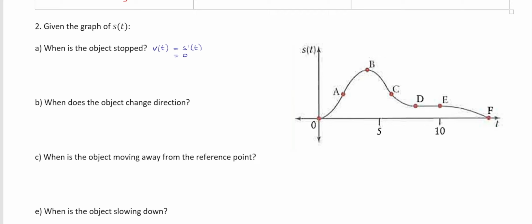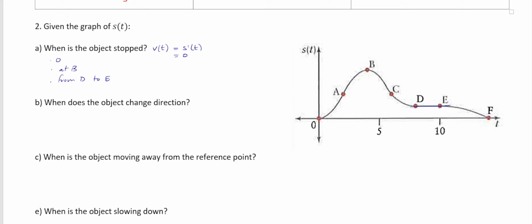The object is stopped at the starting position, so 0 at B, and from D to E. So if we look like that, there we go. It's at rest there. That's also at rest. Sorry, that was meant to be a horizontal line. As we can see right there, the slope, the first derivative, is equal to 0.